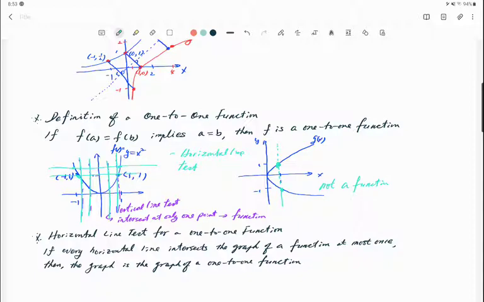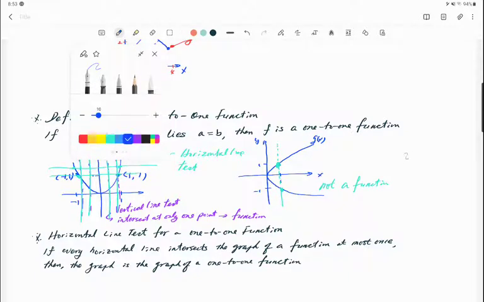If a graph has only one intersection in both the horizontal and vertical tests, then we call it a one-to-one function. And if it's a one-to-one function, then the inverse is also a function.